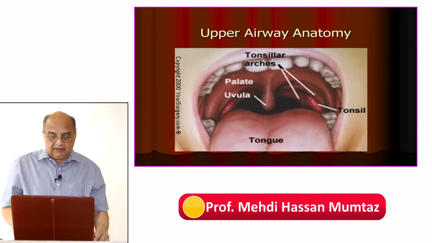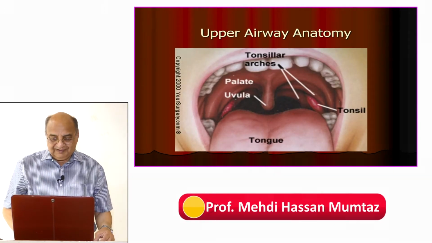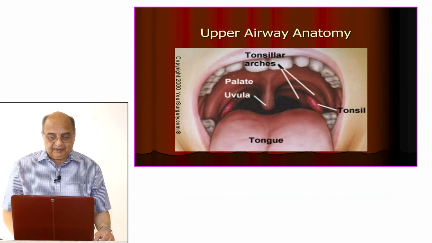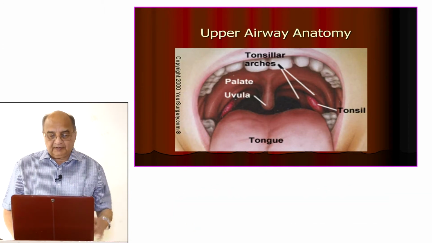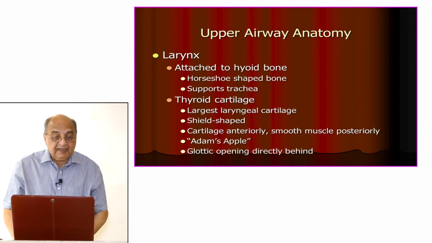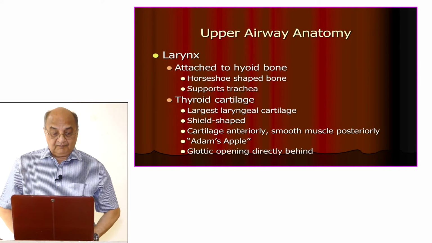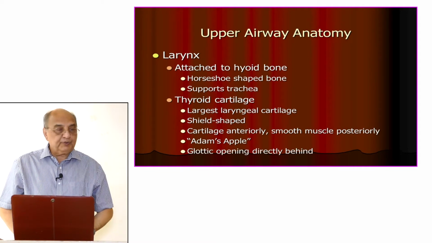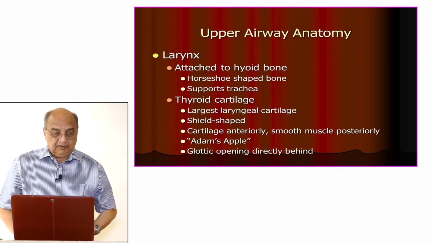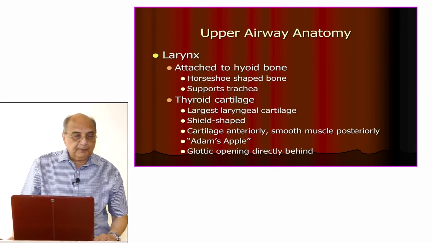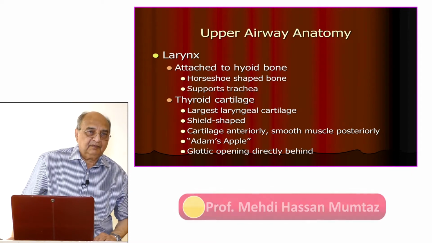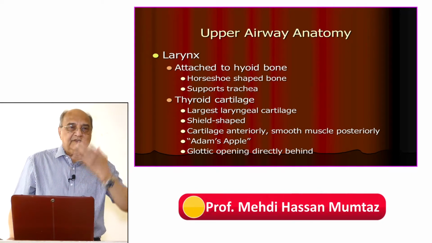Now this is typical when you look at the anatomy, when you put the laryngoscope in and ask the person to open the mouth. The larynx is attached to the hyoid bone. It is horseshoe shaped and it supports the trachea, because the trachea is attached with the larynx.